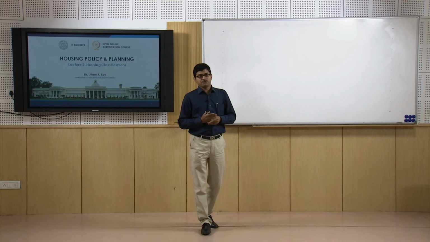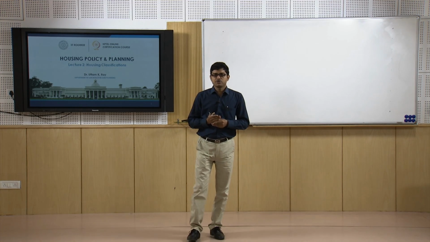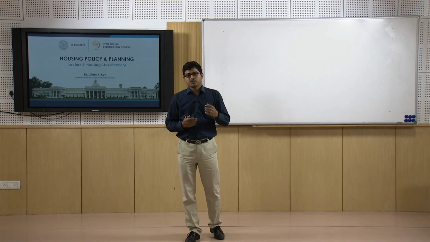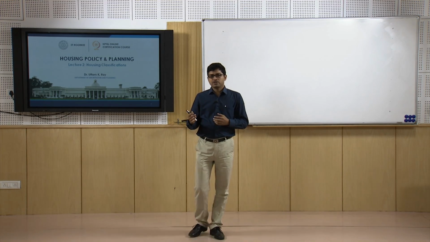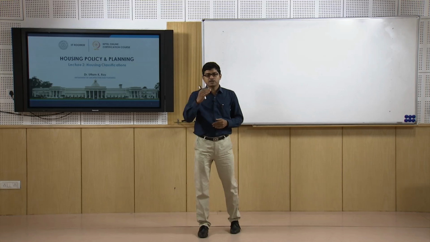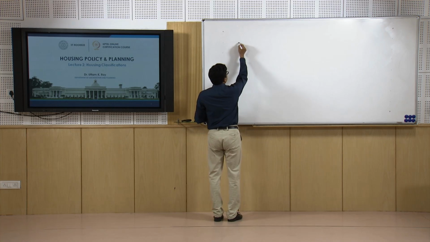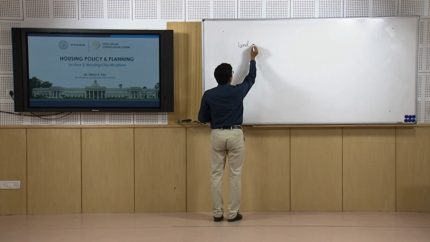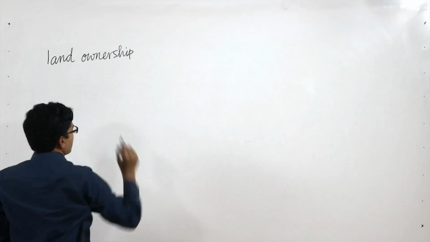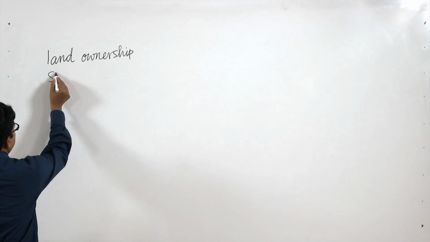These classifications are done based on various parameters. As we discussed in lecture 1, housing can be seen from various perspectives, like multiple unit, the community building, the economic group, the basic services, the physical element, the individuality. Similarly, housing can be classified from various perspectives. It can be classified based on the land ownership. Secondly, based on structural quality.